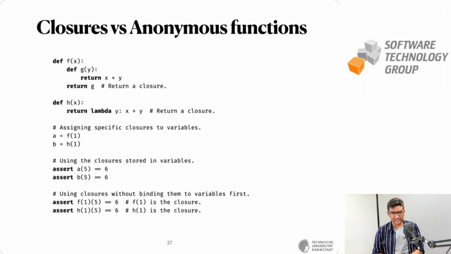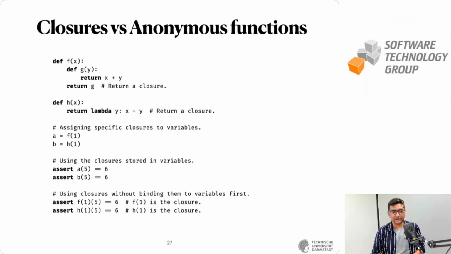b, as we see, is similar to a, but it just utilizes h of x. But because both of them do the same thing, it doesn't matter here. It's irrelevant here whether your internal closure has a name or not. It's just to illustrate that these two are different. You can also use closures without giving them names.